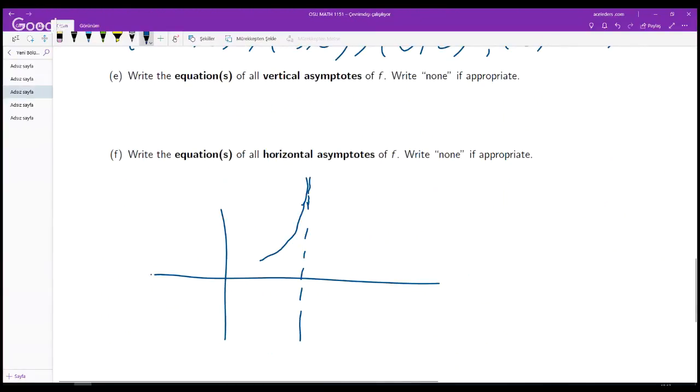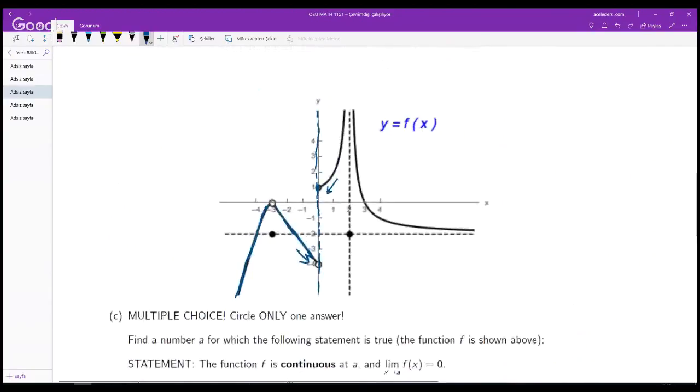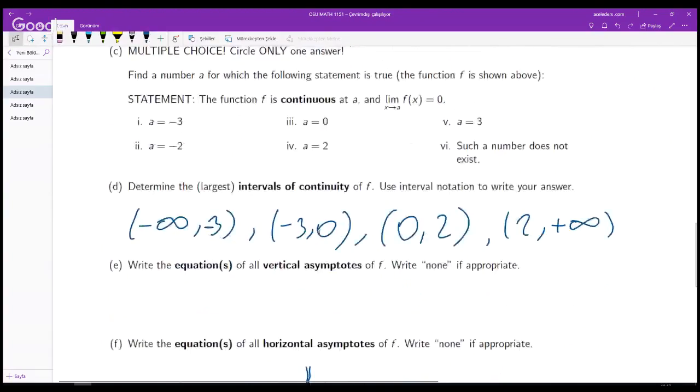So it is like x values which are undefined. Okay? So what do we have here? We have only one vertical asymptote, which is x equals 2.